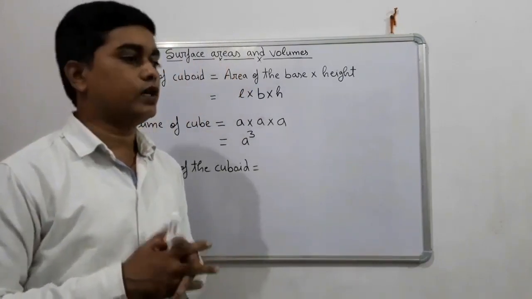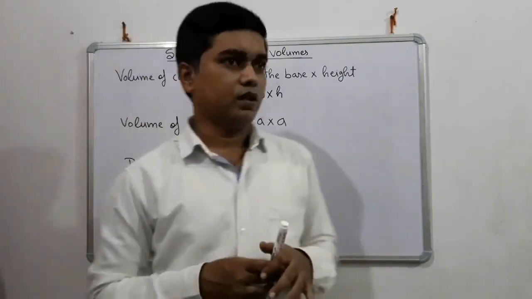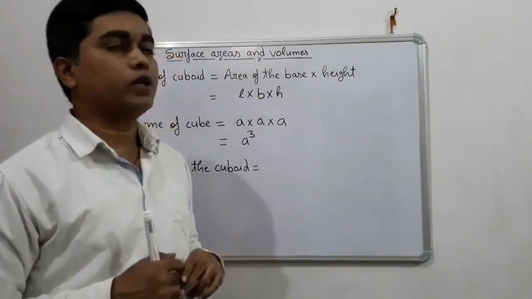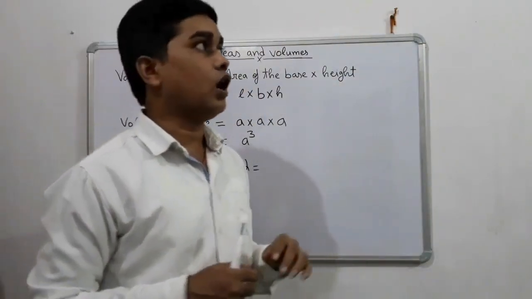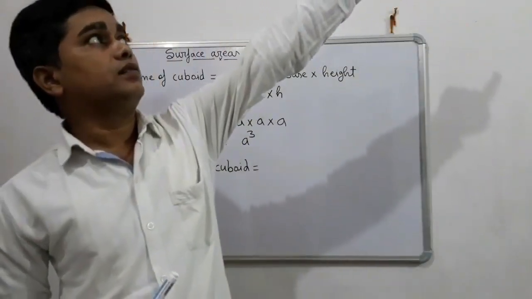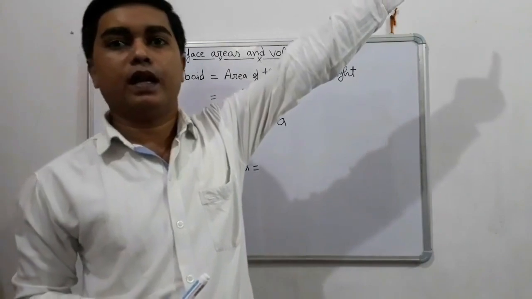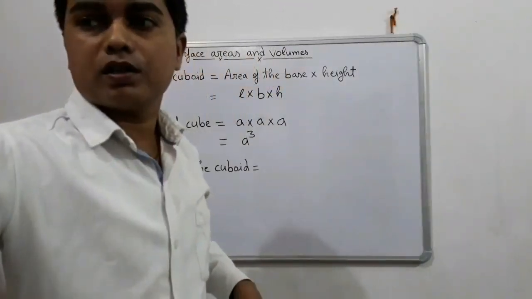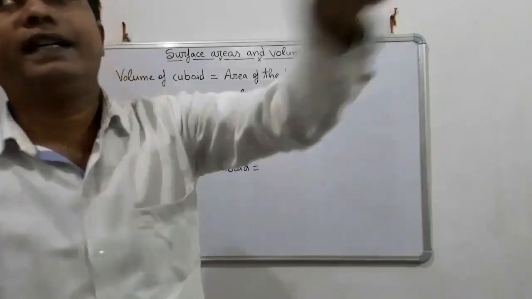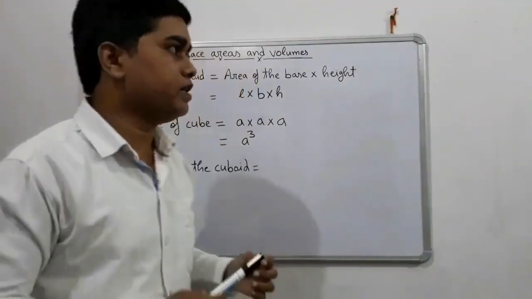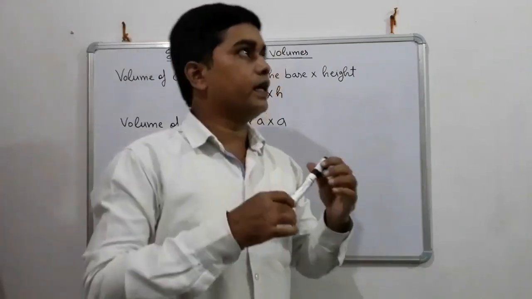Then what will you find? Suppose you are putting one rod, how? From that corner at the top, join that corner to the bottom corner, then you will get the diagonal of the cuboid.